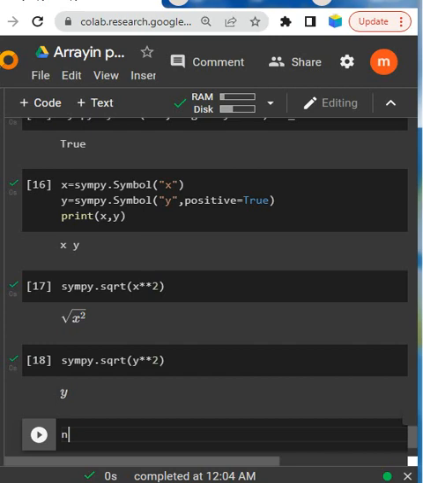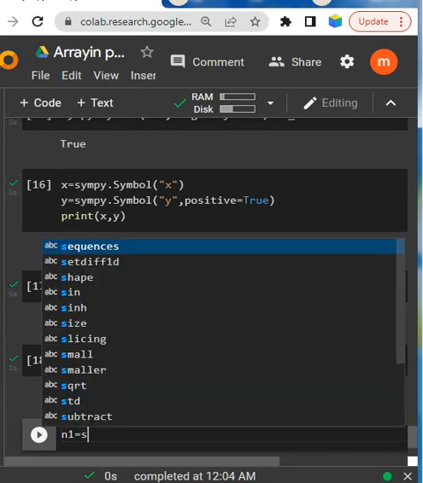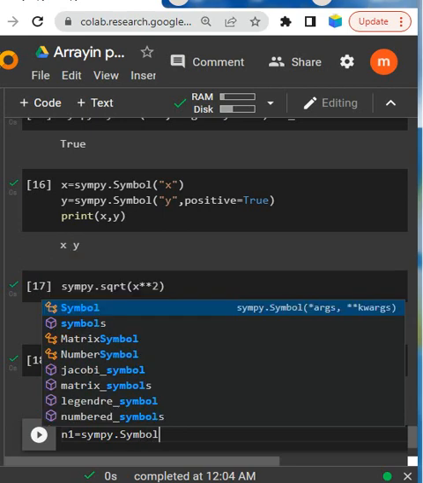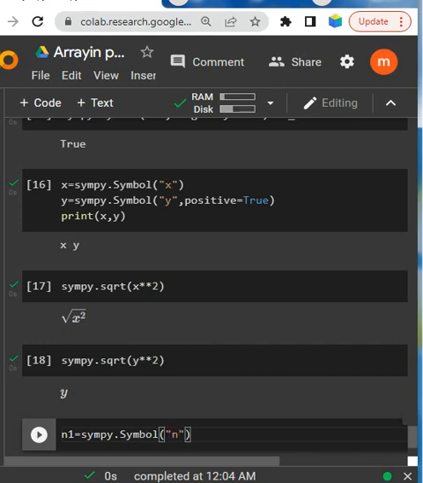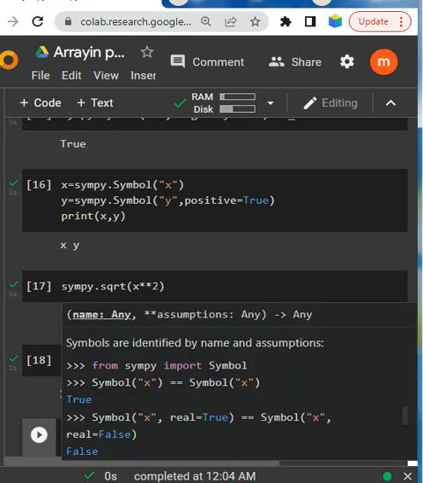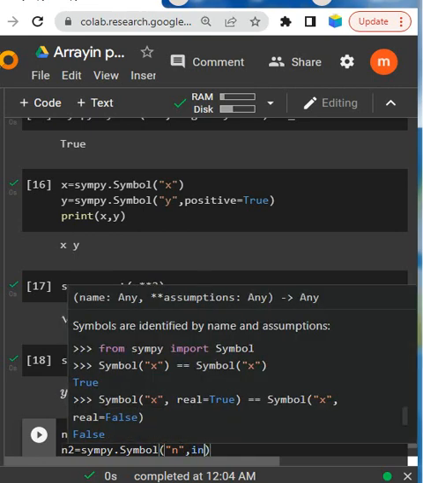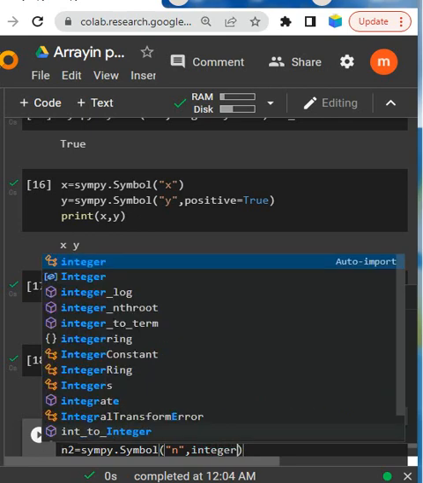Just if I am going to print n1 will equal to sympy.Symbol n, and now another value n2 will equal to sympy.Symbol n, and now integer will equal to 2.